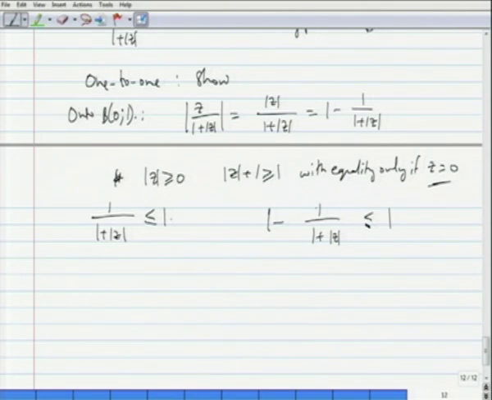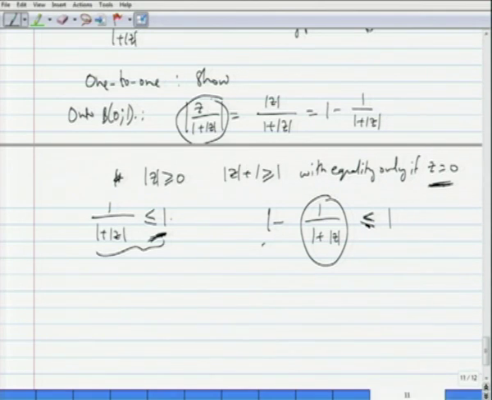You are removing a quantity which is strictly greater than 0 from 1, so that will be strictly less than 1, and when z is equal to 0, equality holds here, and then clearly this number is 0. So, that is also in B(0,1). All in all, the image of this function lies in B(0,1). So, it is definitely contained in B(0,1).